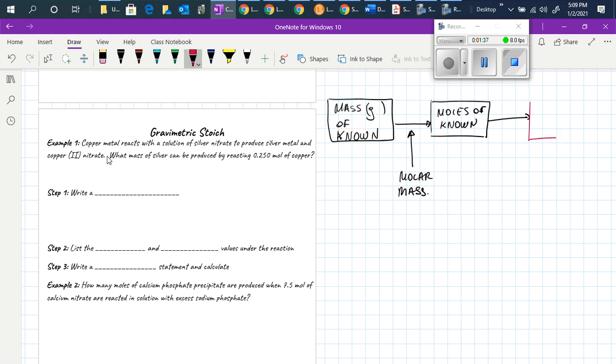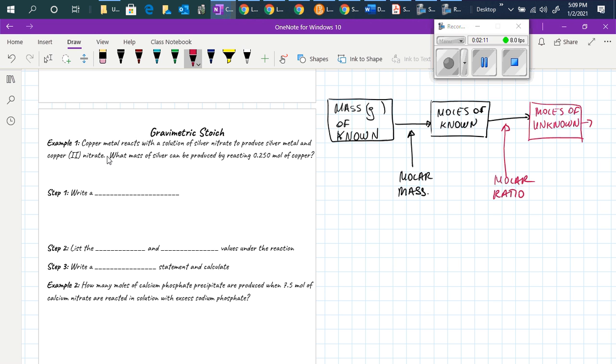And how do we move from moles of the known to moles of the unknown is using the molar ratio. And then again, we can move to mass of the unknown, if they are asking for it, using the molar mass.